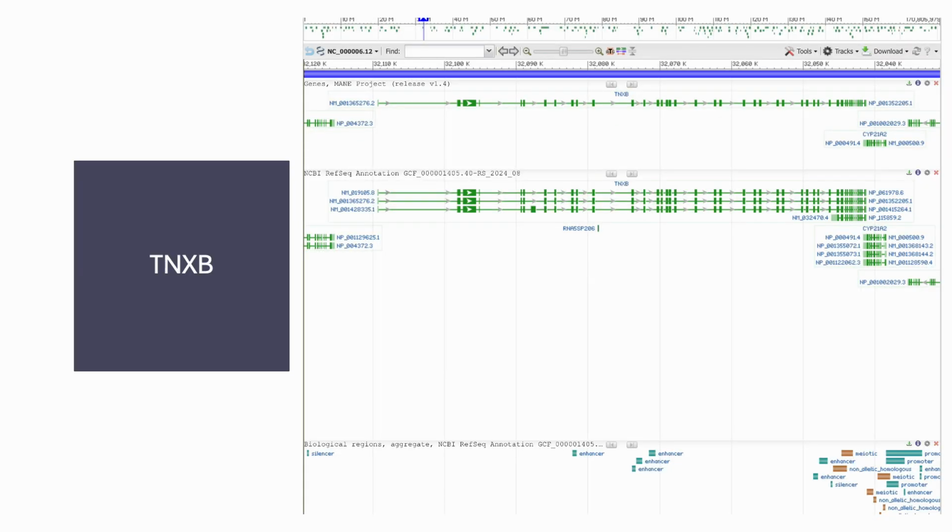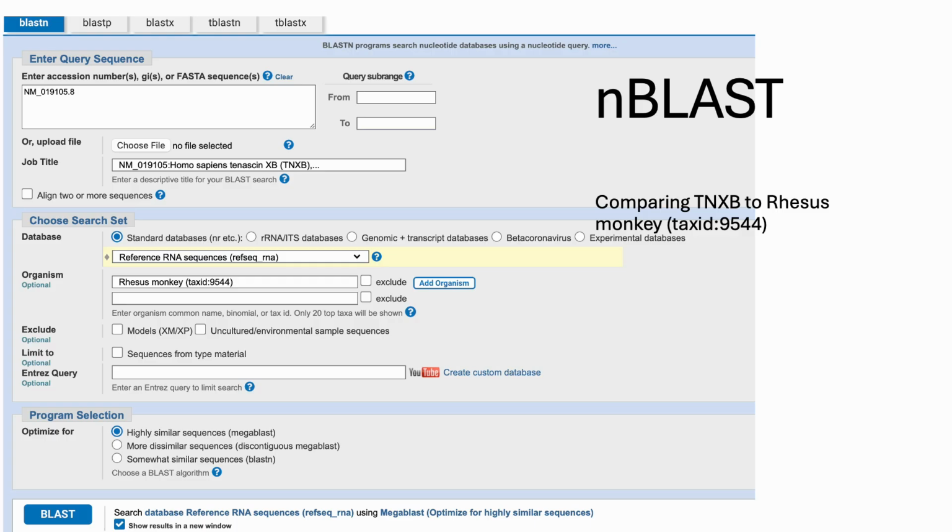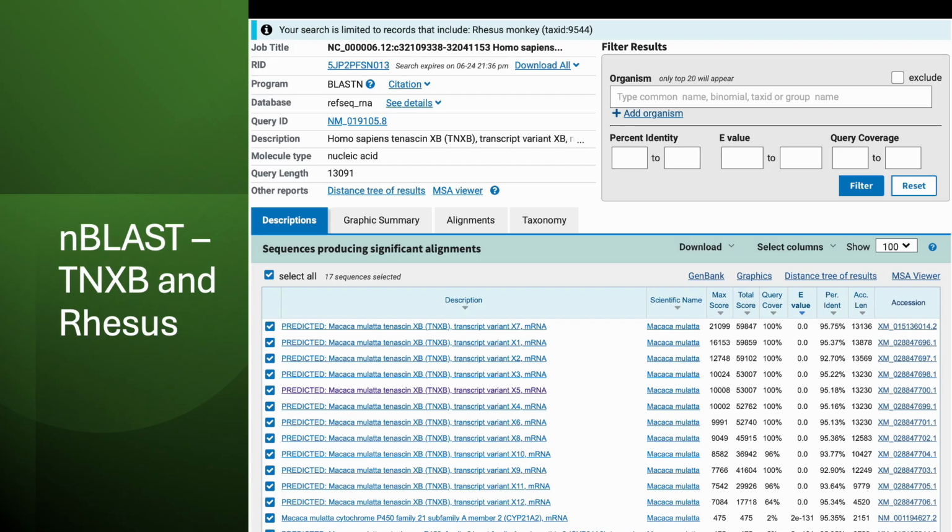To compare species that have the RCCX gene cluster, a BLAST was performed. The RefSeq annotation NM019108-105.8 was used to compare TNXB to the rhesus monkey. And NBLAST was used for this comparison. The results of the BLAST showed predicted sequences with the rhesus monkey.